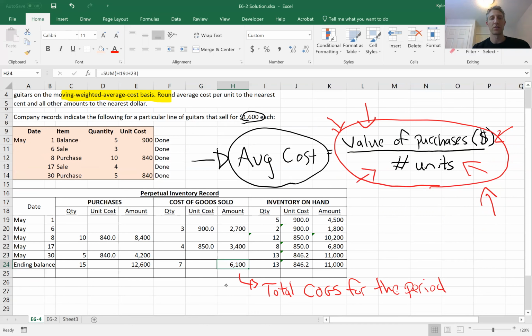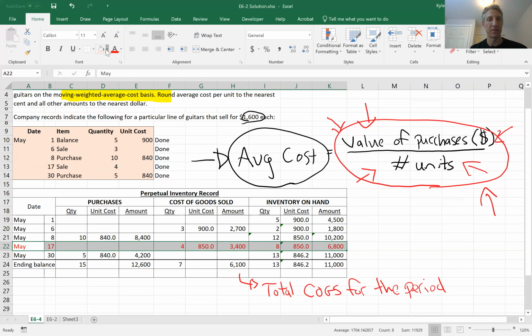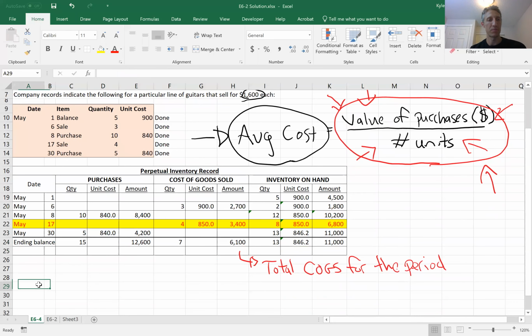But with every business transaction, there are going to be a few journal entries associated with it. So I'm going to pick this May 17th transaction and do the journal entry specific to it. Just bear with me while I get a journal entry template set up.